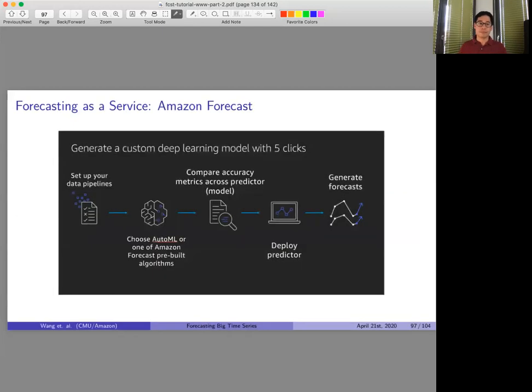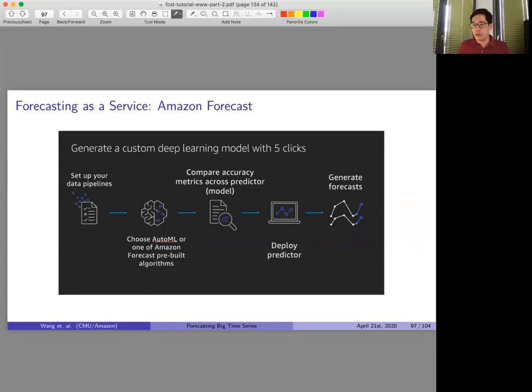And finally, on the highest layer of the AWS machine learning stack, we've got Amazon Forecast, which allows you to really quickly generate a forecast solution with a couple of clicks. Here we take a deep learning model in 5 clicks, and then you've got a production solution up and running. You only essentially have to set up a data pipeline.